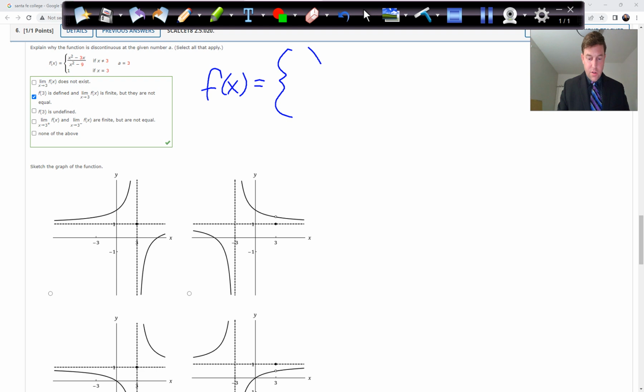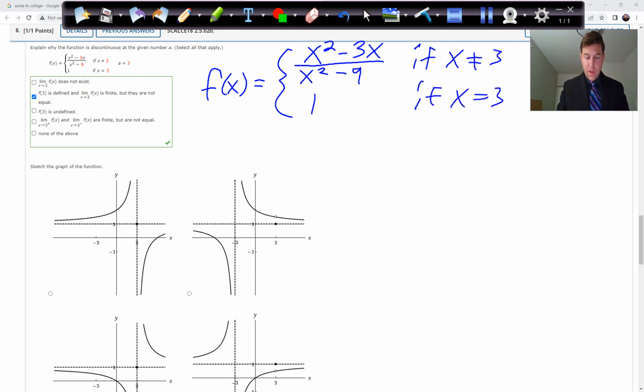So the function should have been x squared minus 3x over x squared minus 9 if x is not 3, and the function is 1 if x is 3. Well, that function, if you look at it, can be massaged. So you can factor out an x on top, and you can factor the bottom into x minus 3, x plus 3.